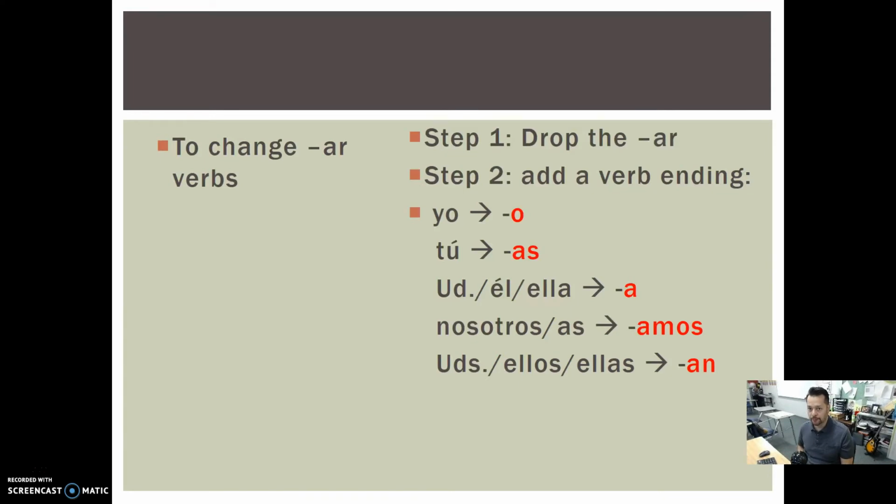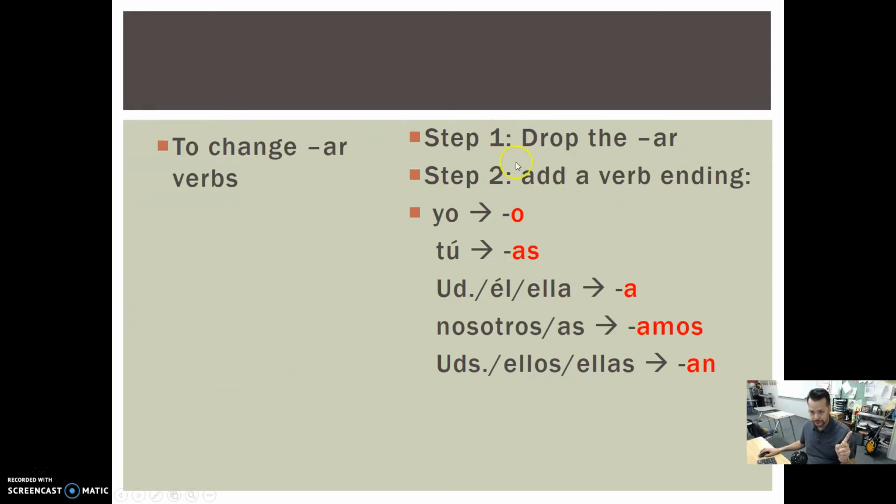And so, but now it's time for us to figure out how to change them around and reflect who is doing the action. Okay, so this is how it works. Let's take your AR ending verb, and you can take any AR ending verb that we've learned so far, okay? So let's take hablar or caminar or bailar, or it doesn't really matter.